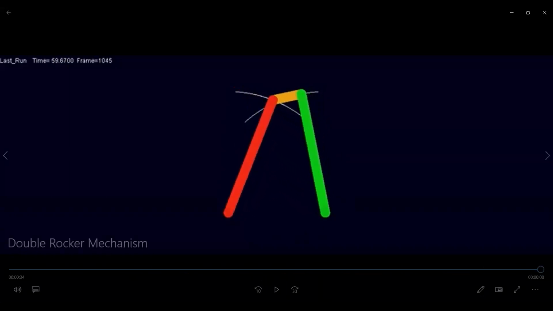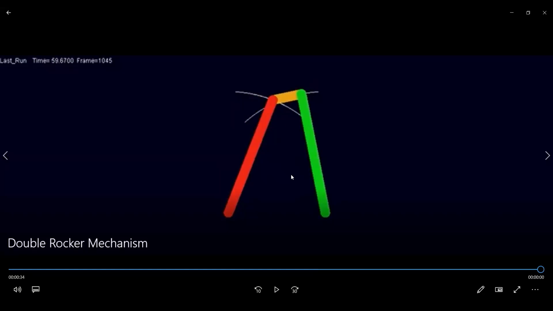As both the links are just oscillating, it is called a double lever mechanism. And again, it is a function of which link of the 4-bar chain you are fixing and whether Grashof's law is satisfied or not.